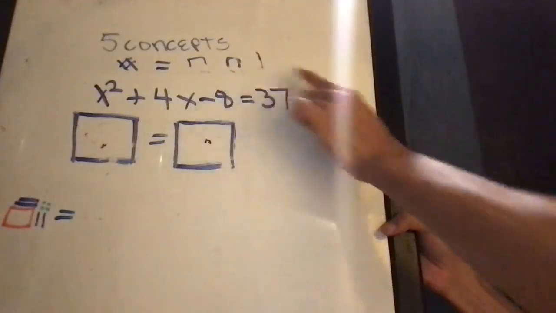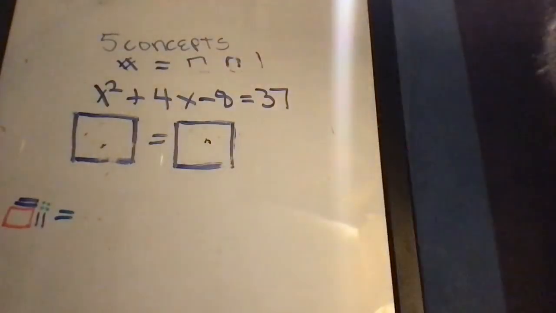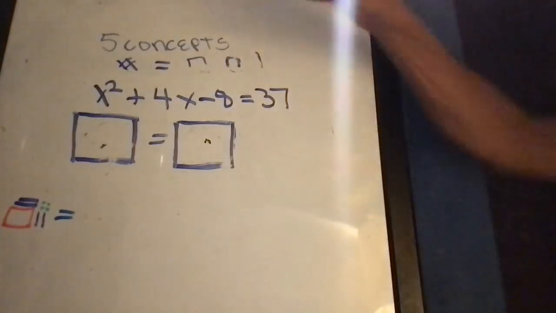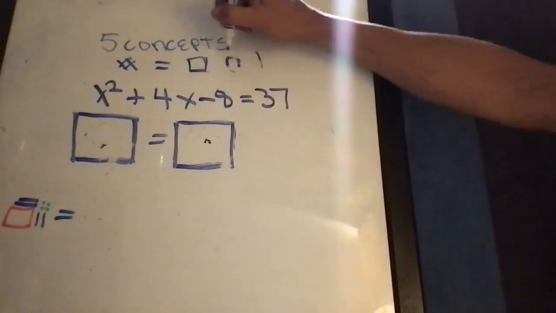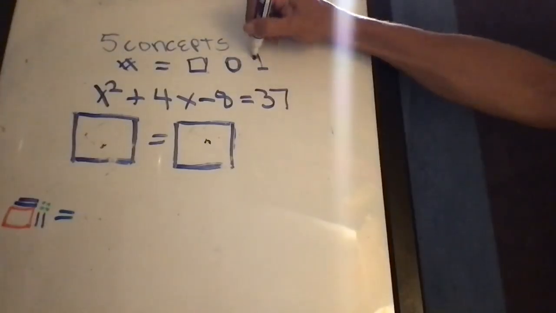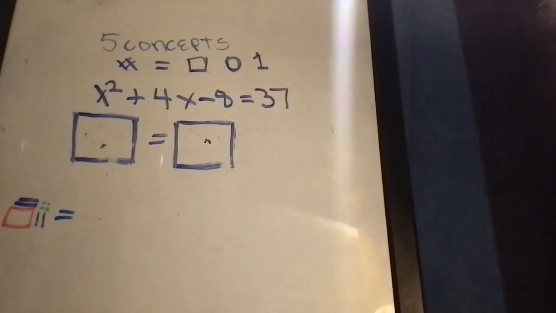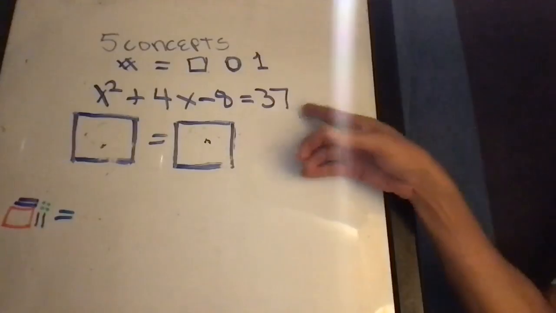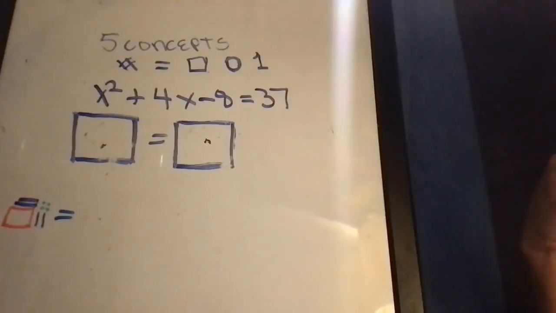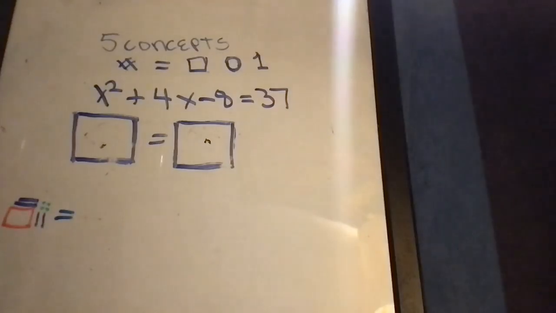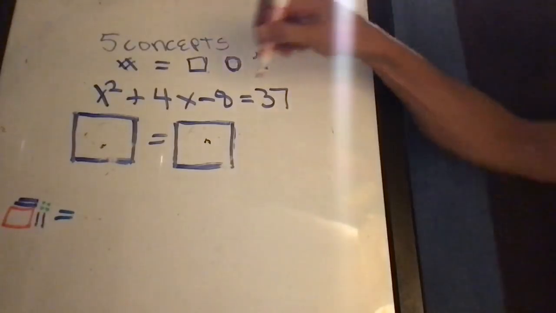What do I have to do? Well, I have to do my hero 0 one more time. Is it ever different? It's never different. 0 and 1. That's all there is. So what can happen? I'm going to have to add 8 to both sides, right?